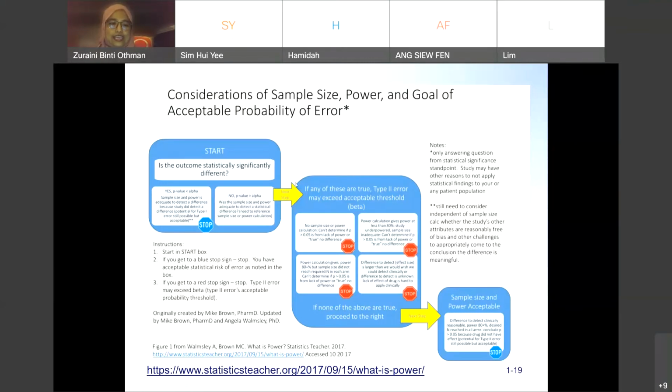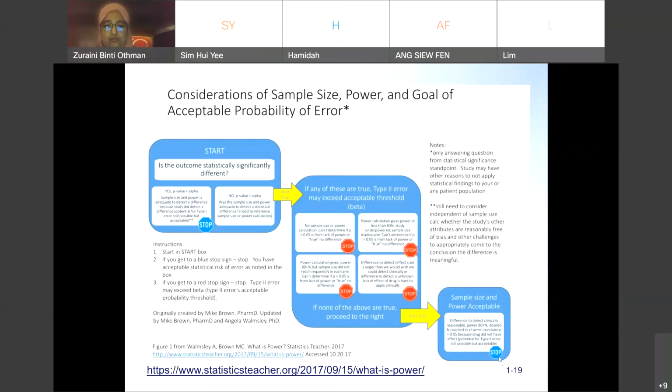This is a flow chart that we can refer to. For instruction, this is the start and we get the blue sign to stop, and we can continue in this case, then we may stop at this point. If it is not this case or this case, we may continue until we reach this situation.